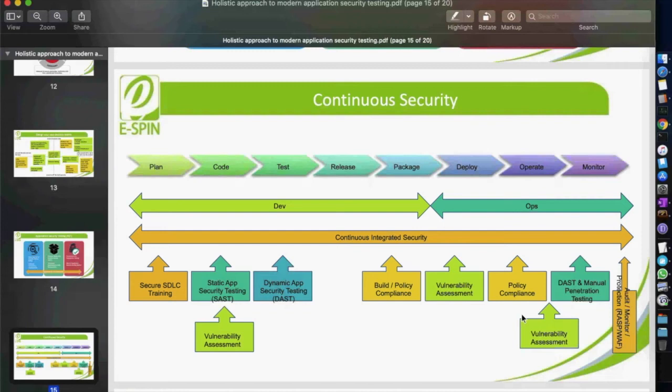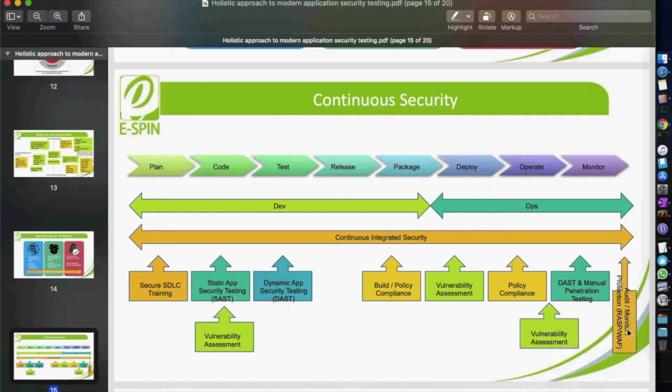Then we check again for production compliance. Then we have VA again, and manual penetration testing, which may or may not be done in-house. It may be outsourced because this is not a continuously needed process. It may be for compliance reasons, maybe every half a year they will engage people to do it one time to get a third-party view, for instance, right?